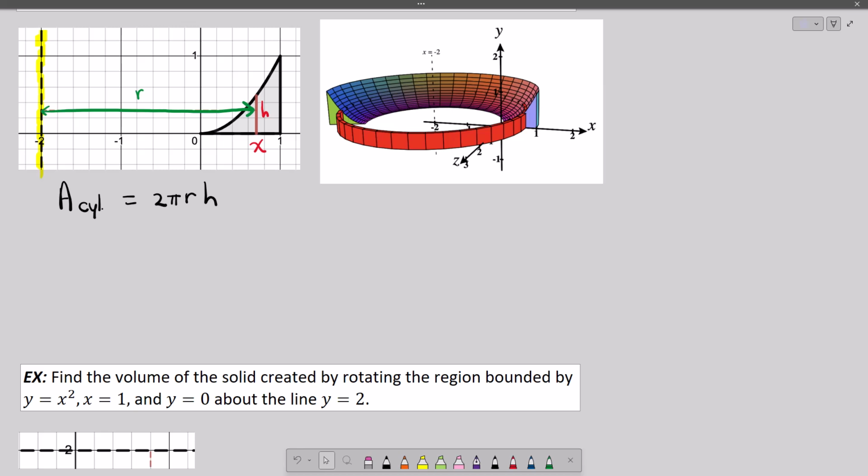And what is R in this case? So remember, look at this picture. X is measuring that distance right there, right? X is measuring the distance over from the y-axis, so it's what? X minus 2. Close. X plus 2, because this distance is 2.